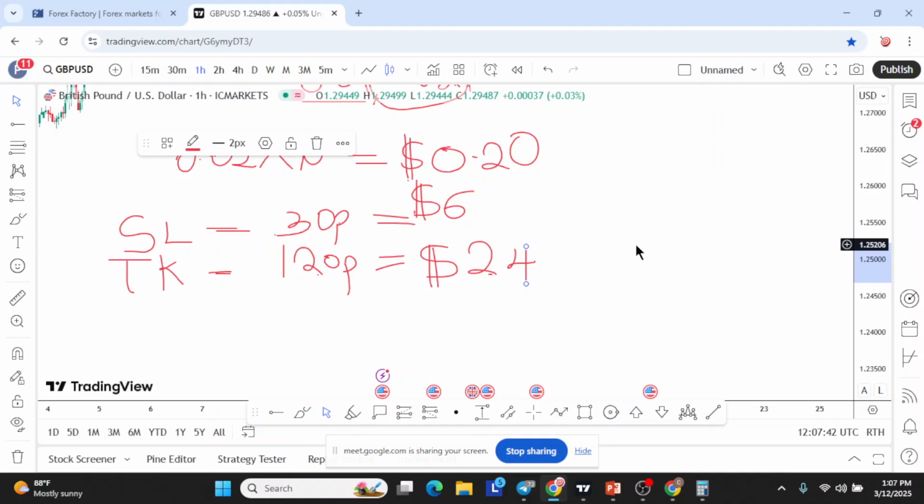So if you have a smaller account size, you also want to use a smaller lot size. Now when you have a bigger account size, when you start scaling up and getting access to a big account size, that is when you can look to use a bigger lot size.